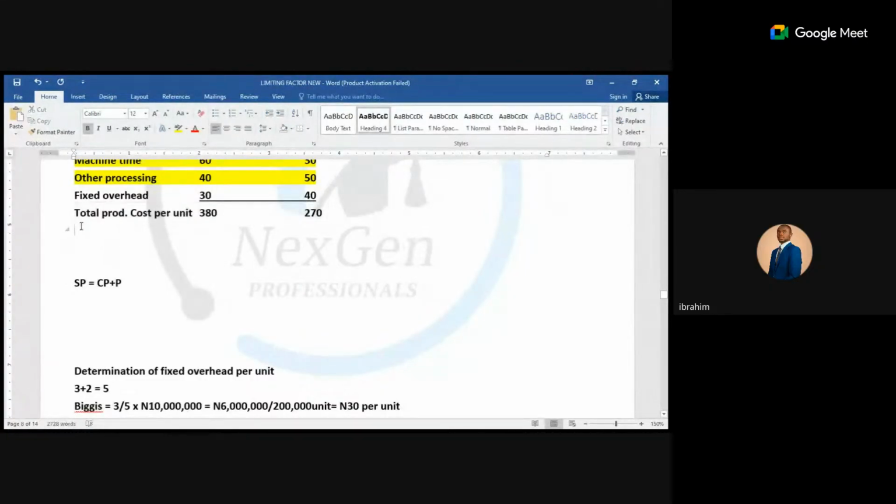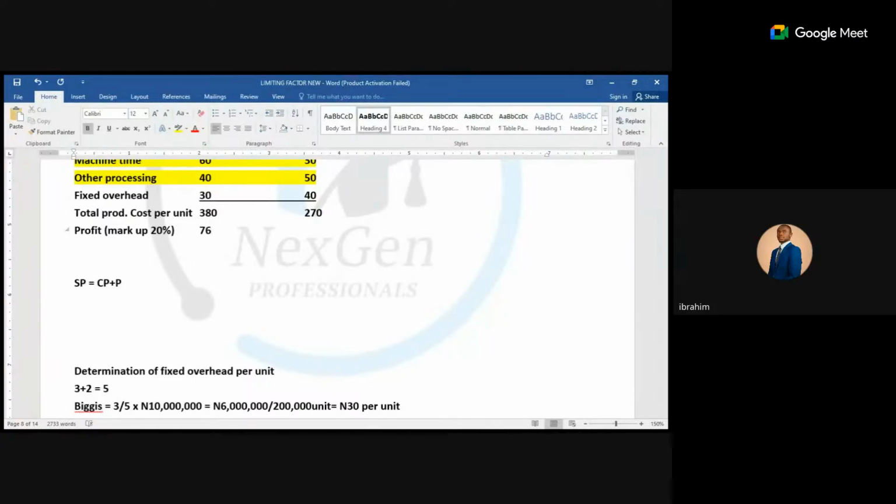When you have profits, which is markup of 20%, 20% of the cost. 20% of 380, what do we have? 76.